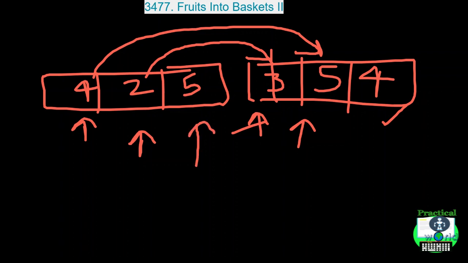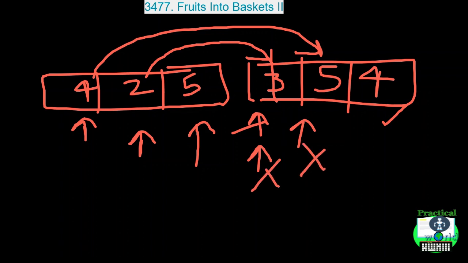Then we increment and check, can we insert 5 here? We can't enter 5 in the first basket because one basket can hold only one type of fruit.